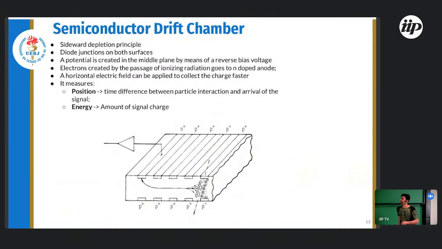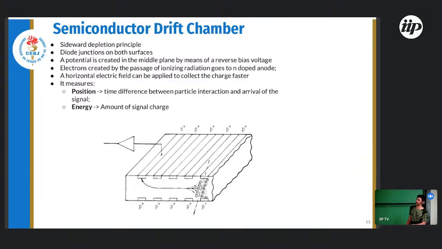Okay, one of the types of these semiconductor detectors are the drift chambers. So we kind of merge the drift of the electrons using a silicon strip technology. How can we measure particles using this? Here is the depletion zone, and when a particle passes through it, it will knock out electrons and then knock out holes.